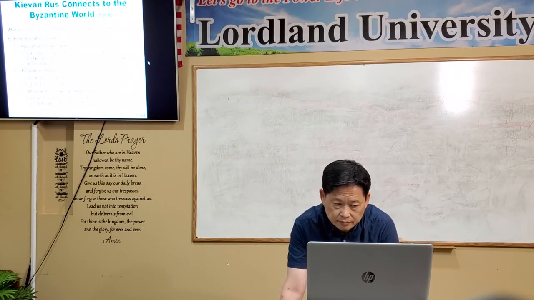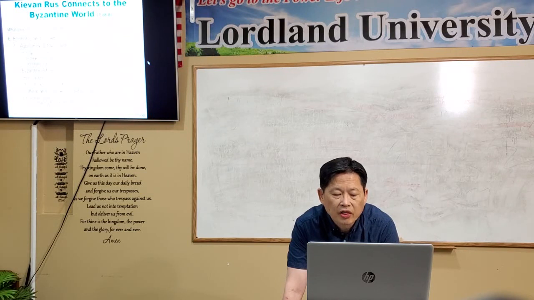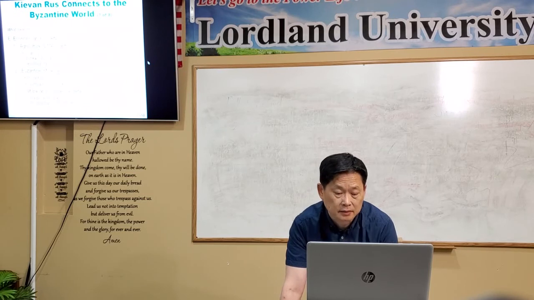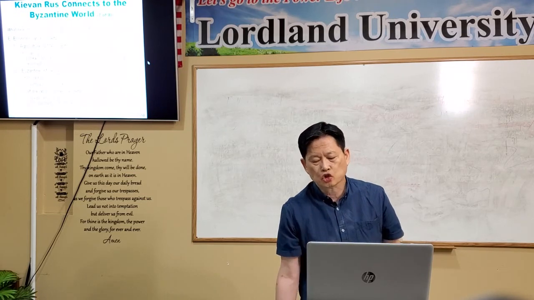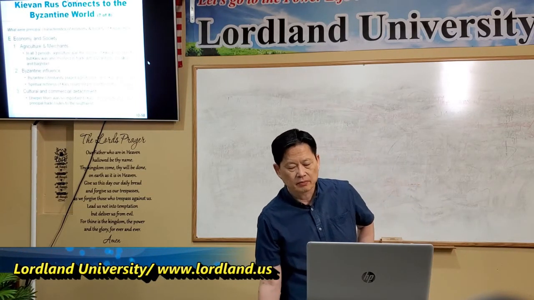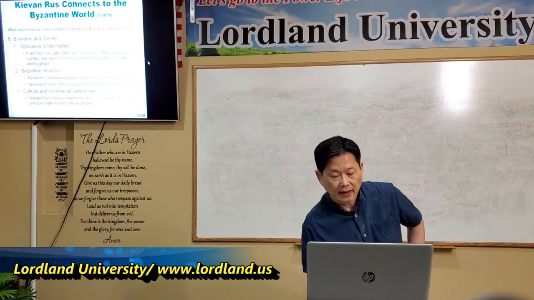Economy and society of Kievan Rus: agriculture and merchants. In all three periods of Kievan Russia, agriculture was the source of Kievan prosperity, but Kiev was also involved in trade with Byzantium, Bulgaria, and Baghdad.